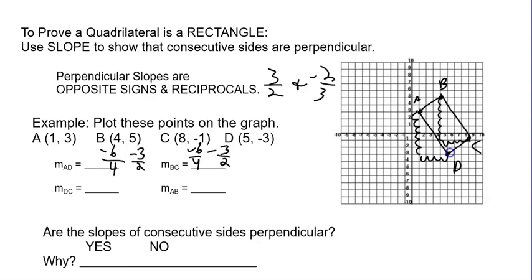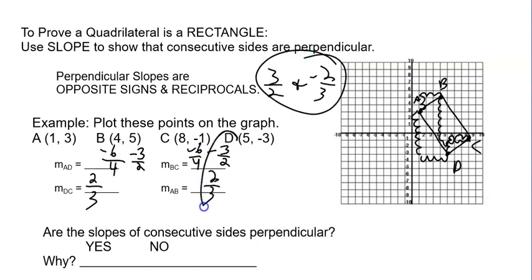Now let's do DC. This one is going to be 1, 2, up 2, and right 1, 2, 3. And from A to B, 1, 2, 1, 2, 3. Now you're not going to believe me, but it's not exactly the same. I just picked these at random, and they were pretty close.